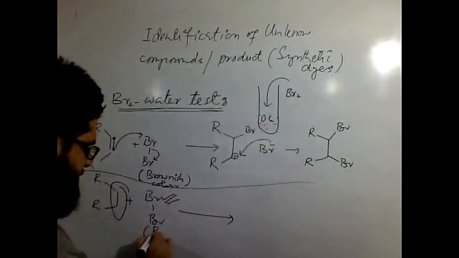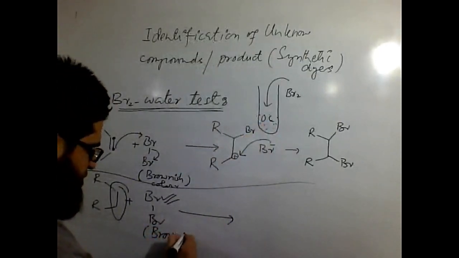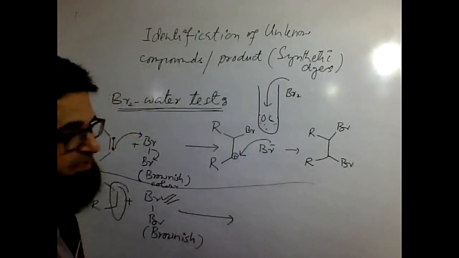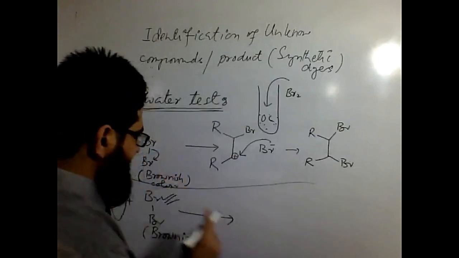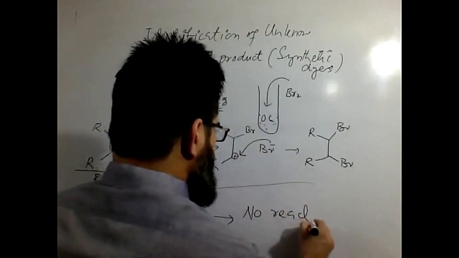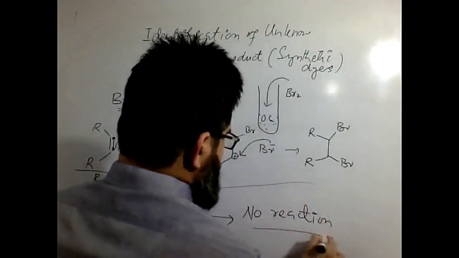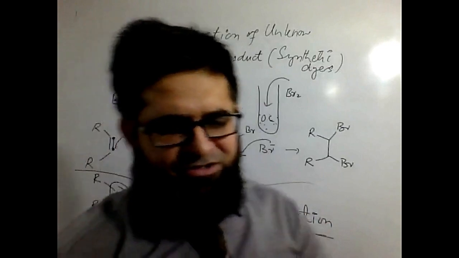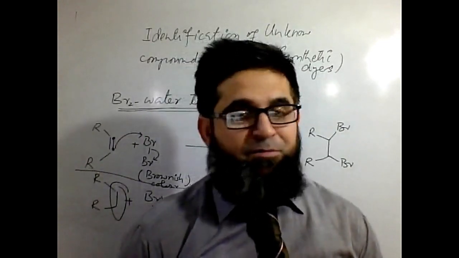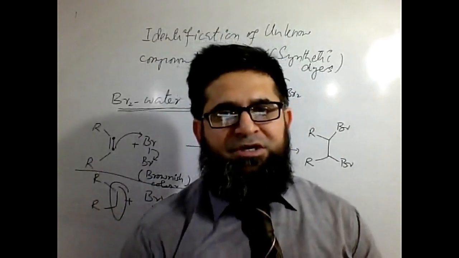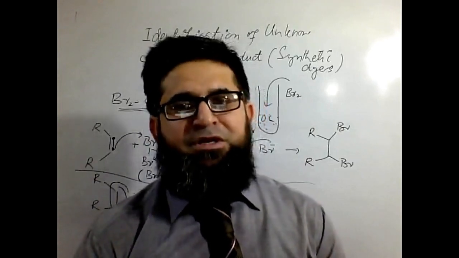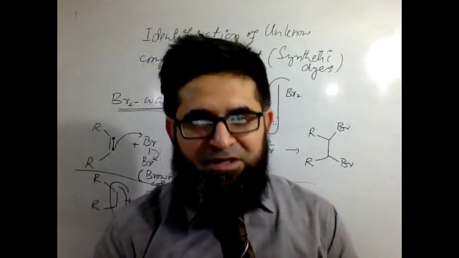So its brownish color will not disappear. It will persist, suggesting that there is no reaction. Bromine is in its original state, that is Br2, of brownish color. So no change in color suggests there is no reaction, meaning the original molecule carries single bonds.